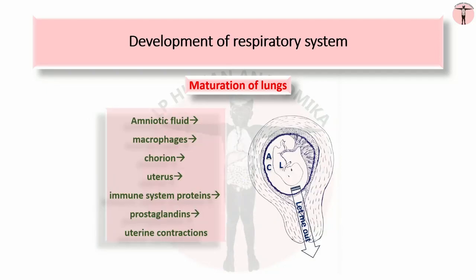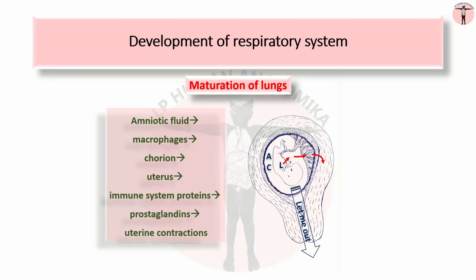As concentrations of the surfactant increase during the 34th week of gestation, some of this phospholipid enters the amniotic fluid and acts on the macrophages in the amniotic cavity. Once activated, the macrophages migrate across the chorion or the placenta into the uterus, where they begin to produce immune system proteins, including interleukin-1 beta.